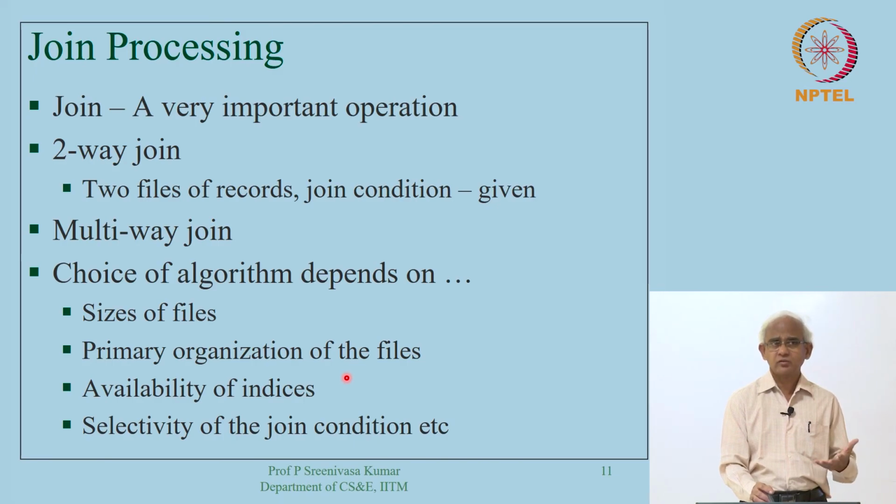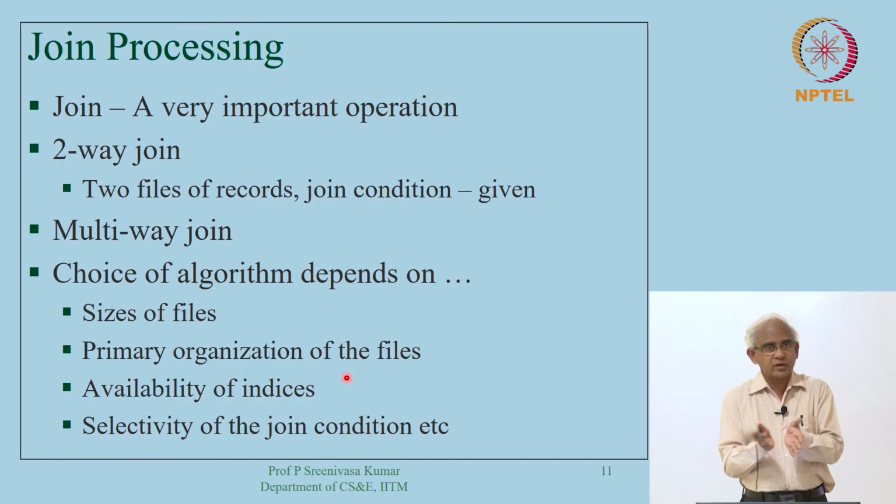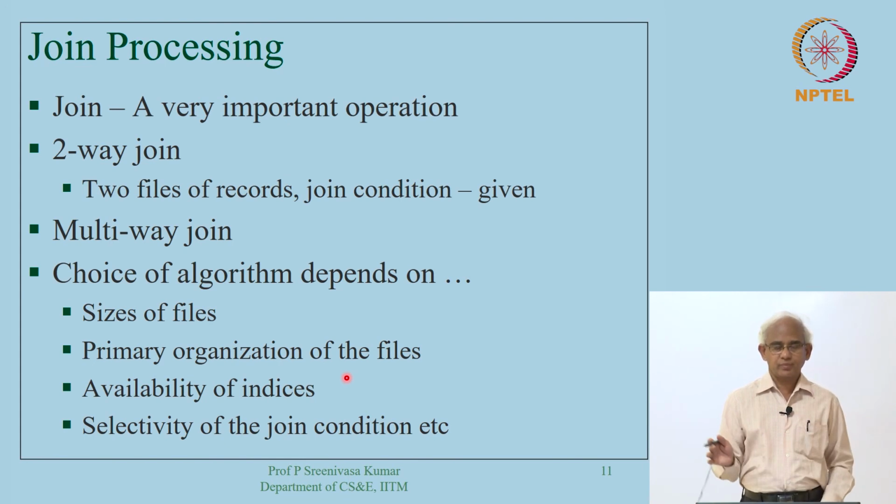Are they already sorted files? If they are already sorted files, while doing merging, I can do join actually. Something similar to merging I can keep doing, and in that process I can actually pick up joined records. We will just consider equi-join, let us say.